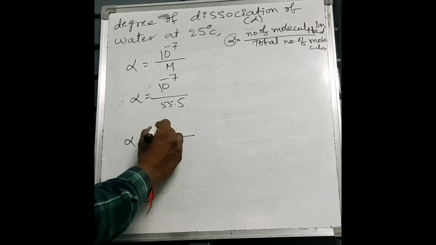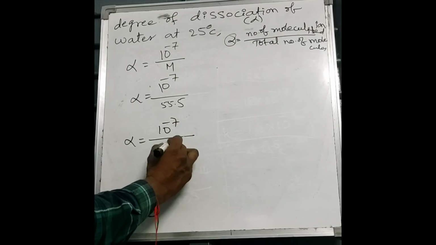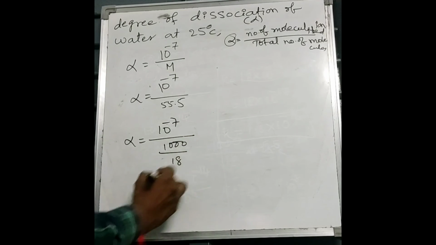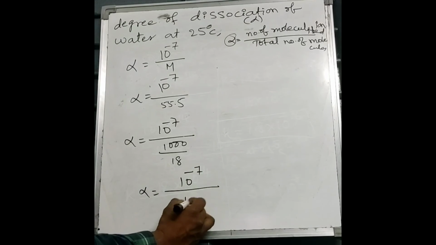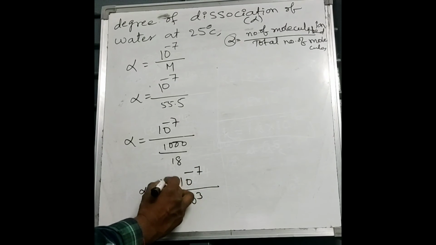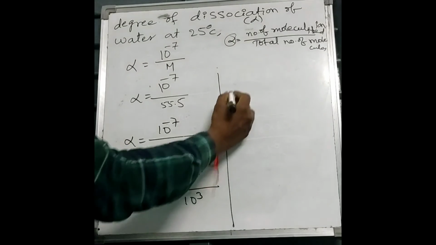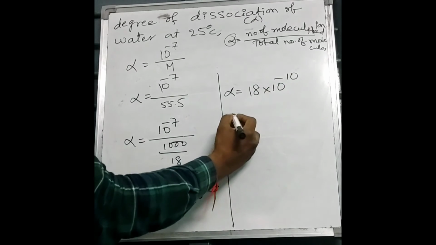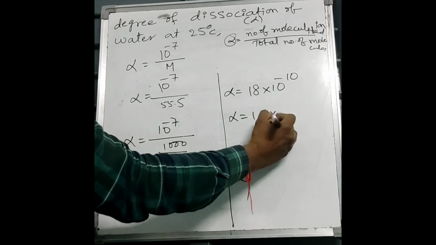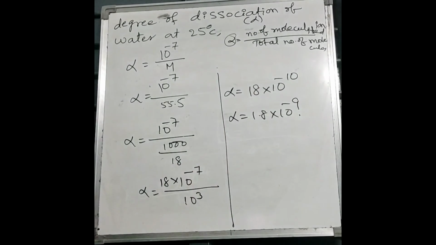We can also write it as 1000 by 18: 10 power minus 7 by 10 cube into 18. So alpha equals 18 into 10 power minus 10, or 1.8 into 10 power minus 9. So this is the alpha value, the degree of dissociation of water at 25 degrees centigrade.